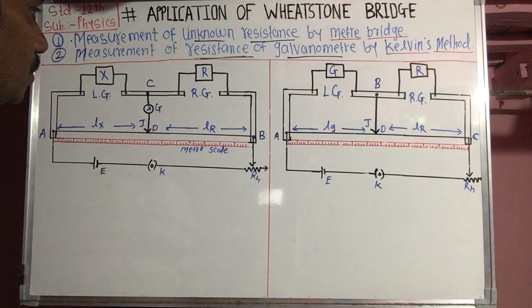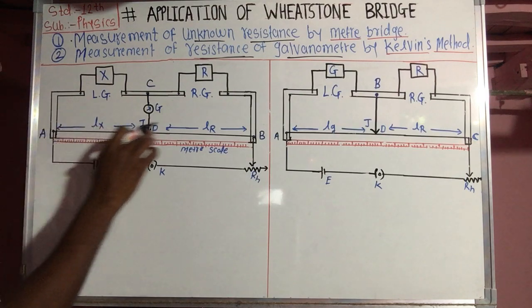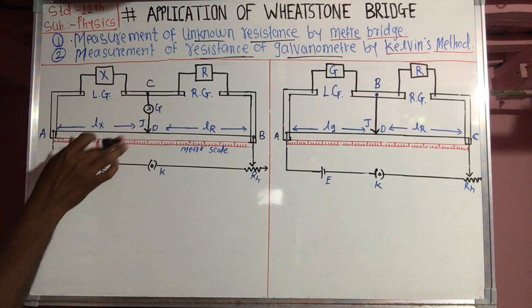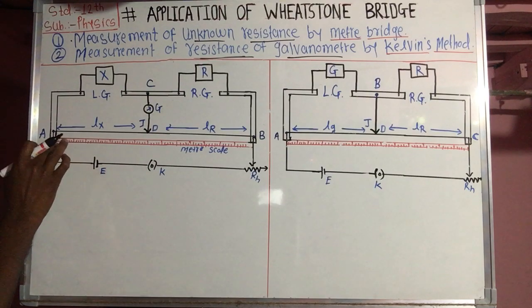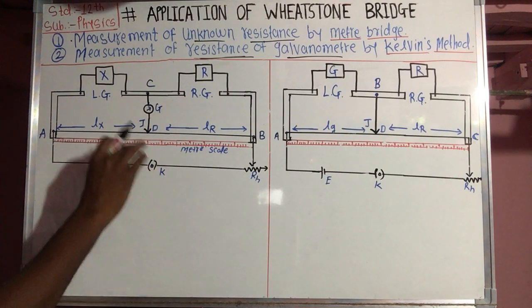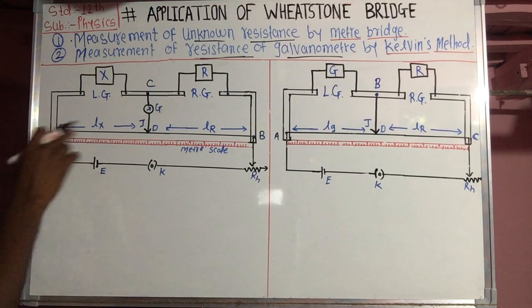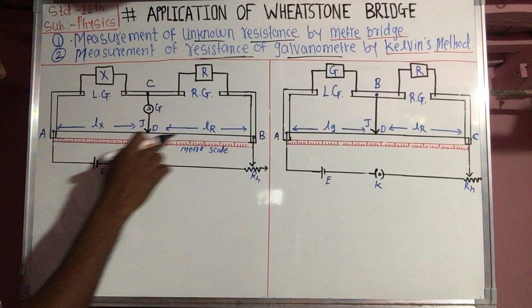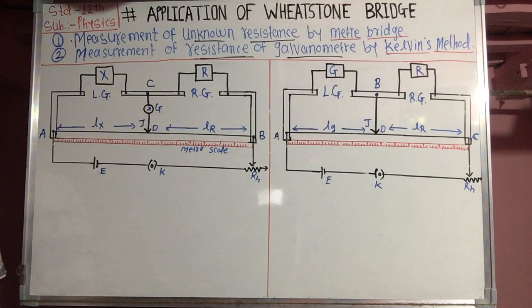Okay, now see the connections here. A meter bridge consists of a 1 meter long, thin and uniform wire, that means a wire of uniform cross-sectional area, which is stretched on the meter scale. Both of these are fixed on a rectangular wooden board.